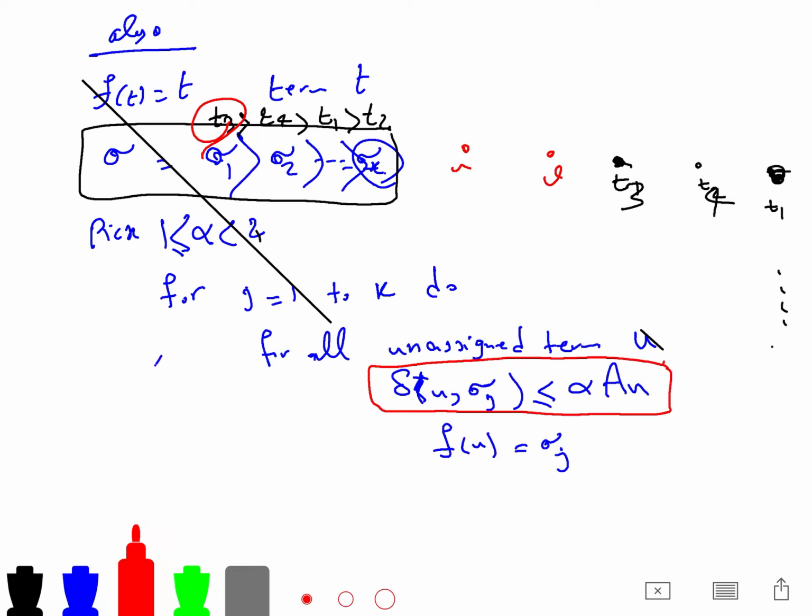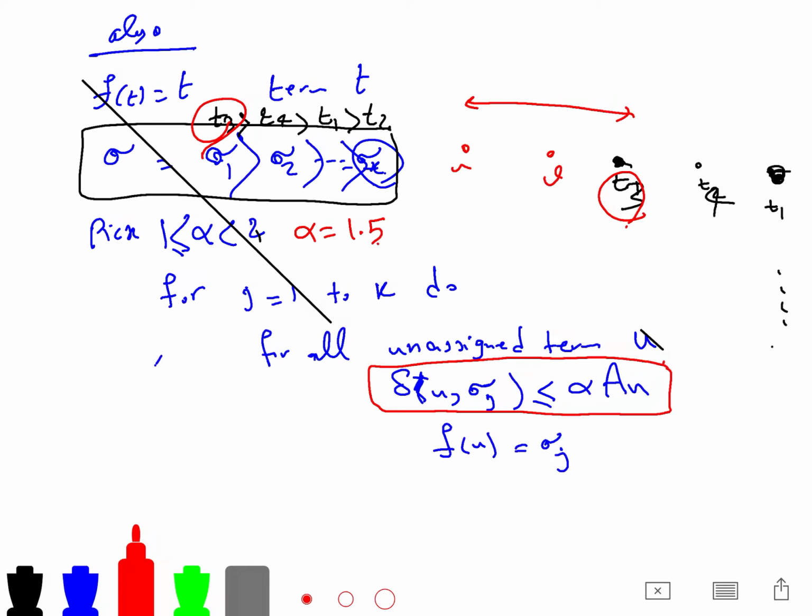So if the distance between U, any vertex, and that T3 is less than alpha times the distance between AU, it means AU is the minimum distance, the distance between the closest terminal to U and U. Here, that terminal is also T3.